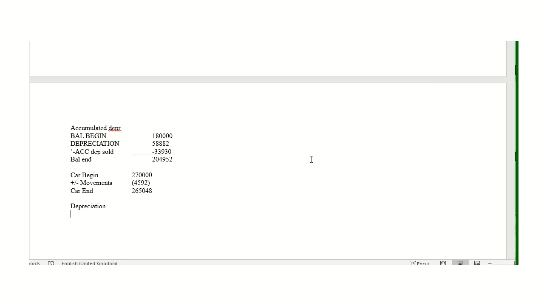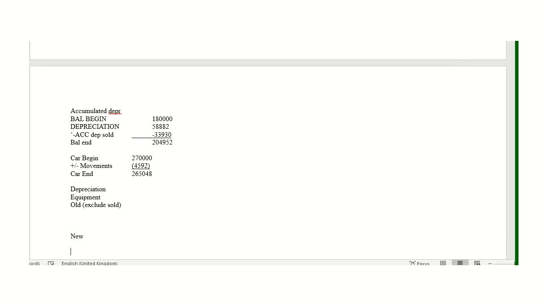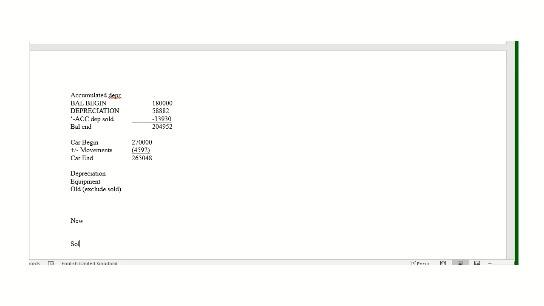When we calculate depreciation, in this case for equipment, we've got to split it into three sections. It would be the old, which would exclude the sold. To that, we're going to add the new, and thirdly, the sold. So let's start by old excluding sold.